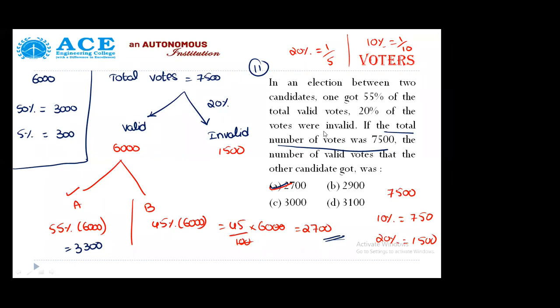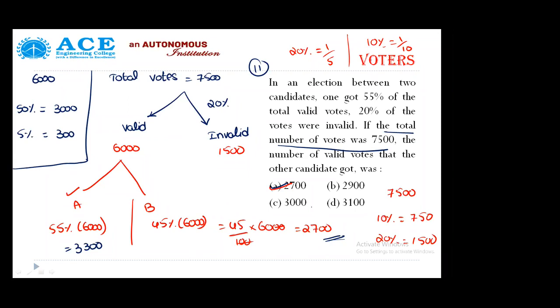Madam, generally try to understand the basic thing about elections: they give a total number of voters. Suppose it's an MLA election or president election or sarpanch election in your area or village or town, whatever it may be. Generally, they give a list of eligible or enrolled voters in that area. Among them, somebody may poll, somebody may not poll. There are some elections where 100% polling is there, like students' or teachers' elections. Here the question doesn't mention polling, so we can assume 100% polling.